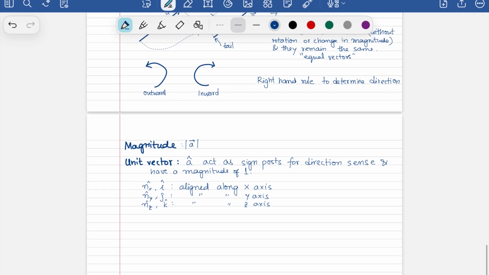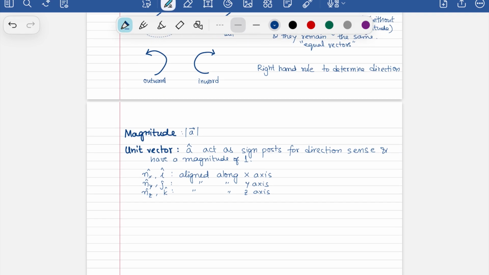Okay, so if you do have the magnitude and the direction sense, we can then say that a vector is the magnitude of a, and it's in the direction of a hat. So this is still quite general in the sense of vectors, without really talking about reference frames and so on.